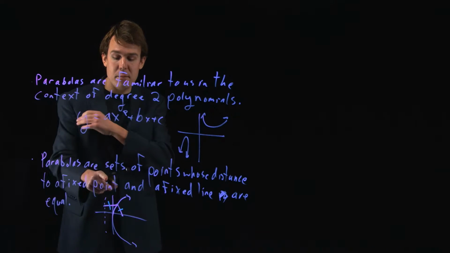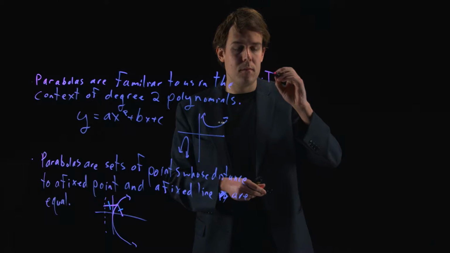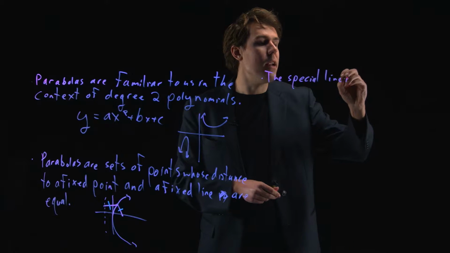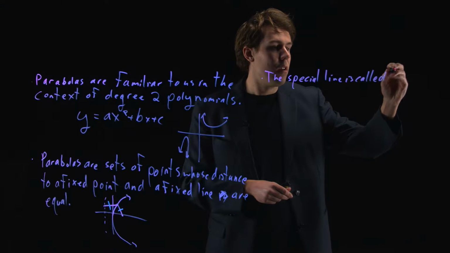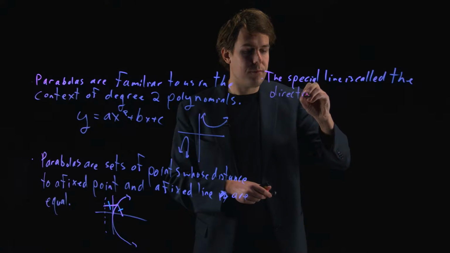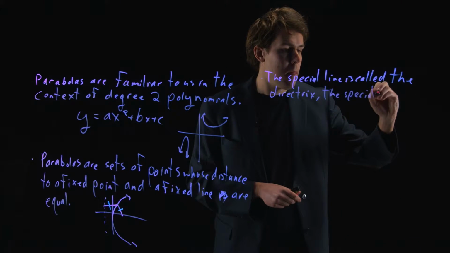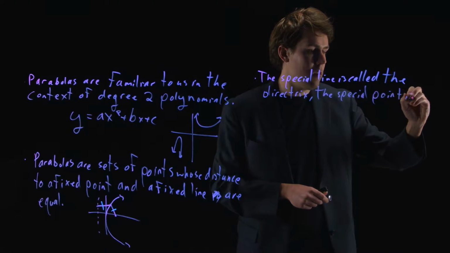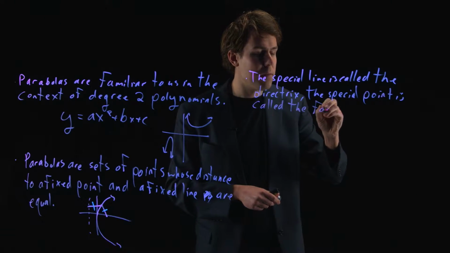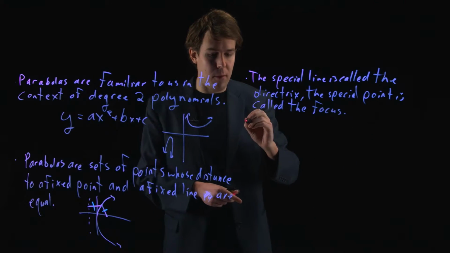Now we give a special name to the line and the point. The special line is called the directrix, and the special point is called the focus. How do these ideas relate in the formula for a parabola?